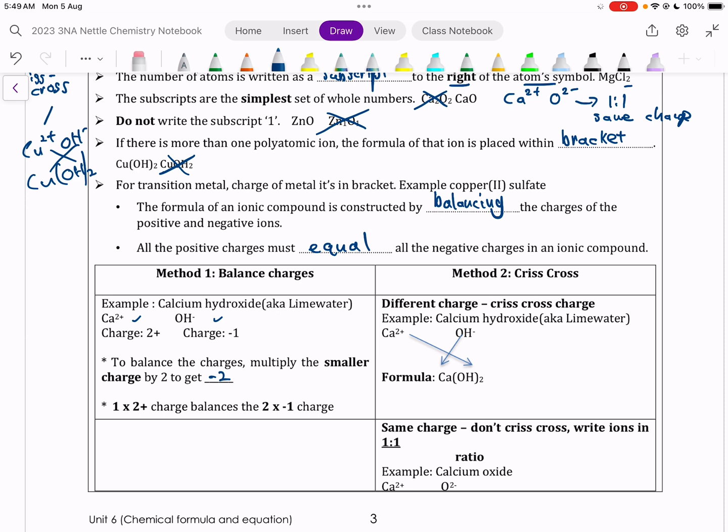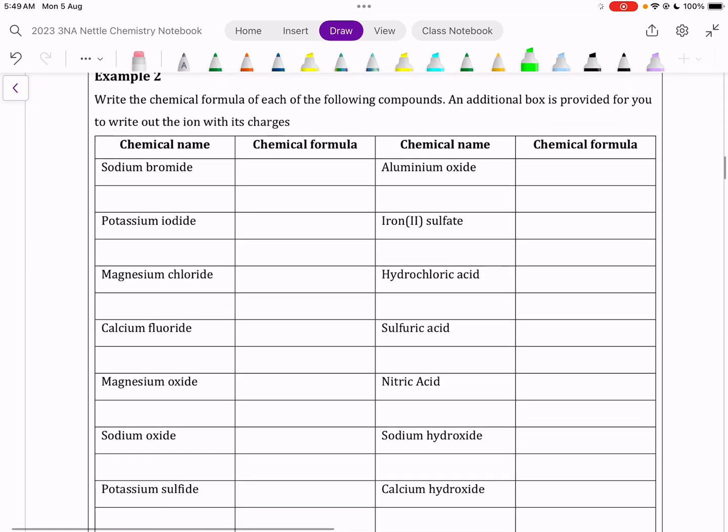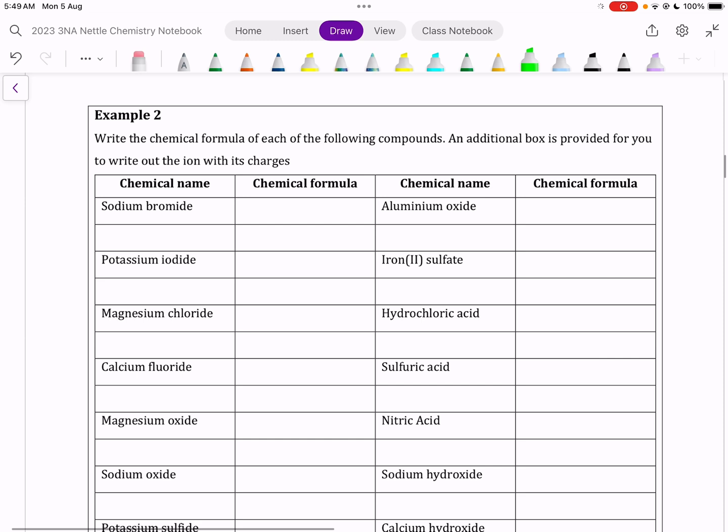Then you can balance off the 2 plus charge from the calcium, but most of the time we use this crisscross. So recap: different charge, crisscross; same charge, you write down 1 to 1. Don't crisscross.